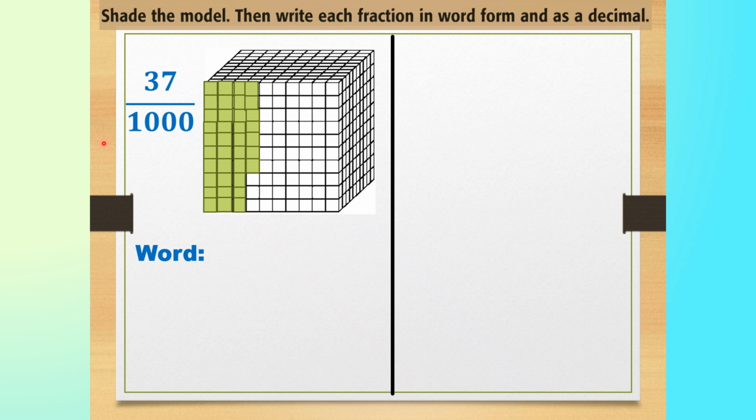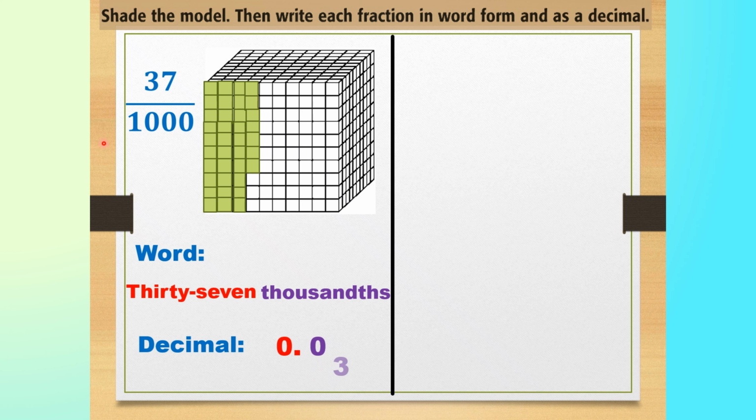In word form, it is written as 37 thousandths. As decimal, it is 0.037. It's 3 digits after the decimal point because it's out of 1000, and in 1000 you have 3 zeros.